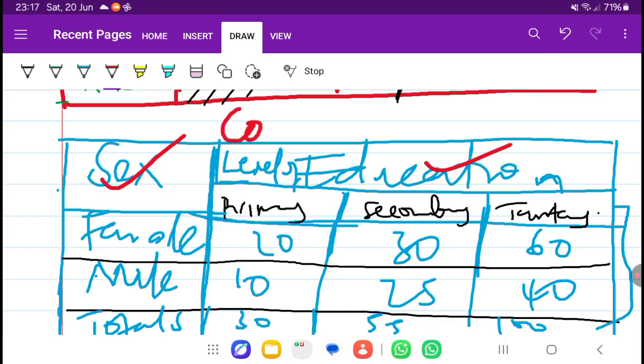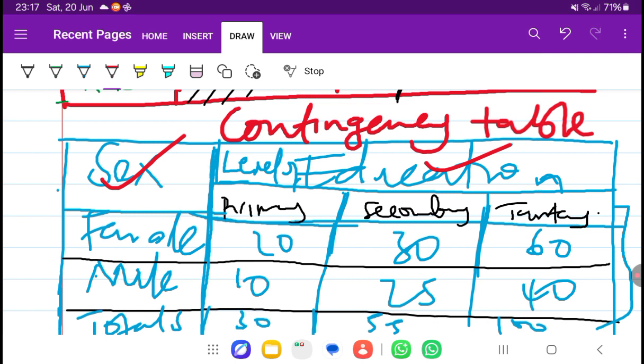This is what we call the contingency table. This is a 2 by 2 table to summarize the information, to organize the information, or to present some information.